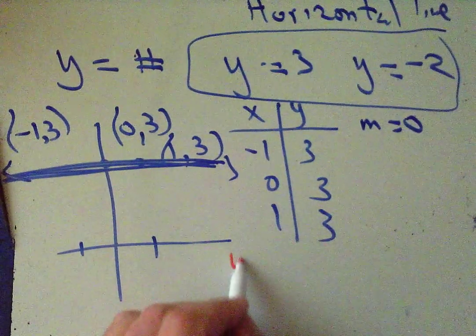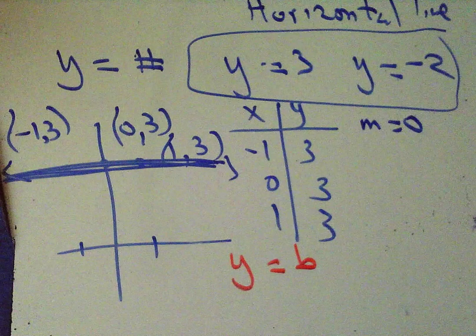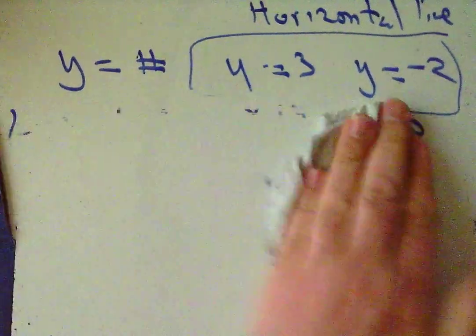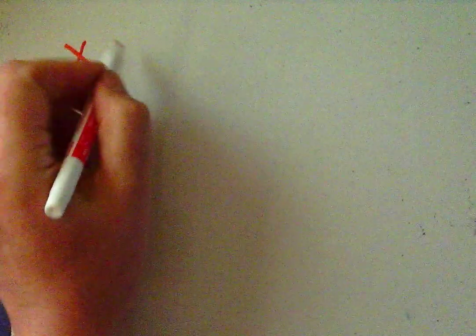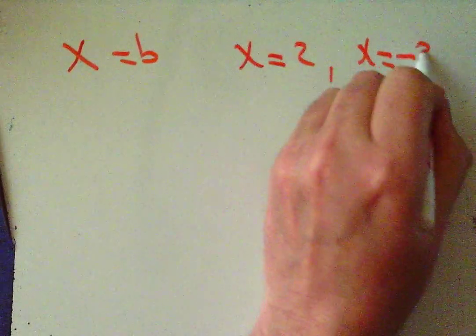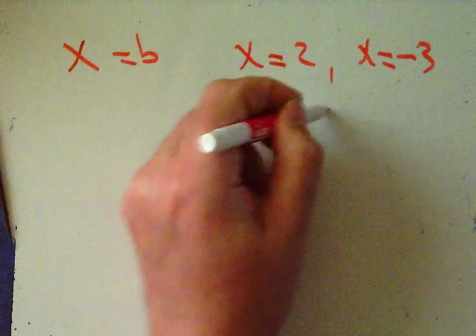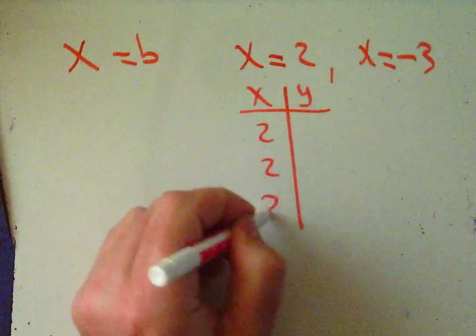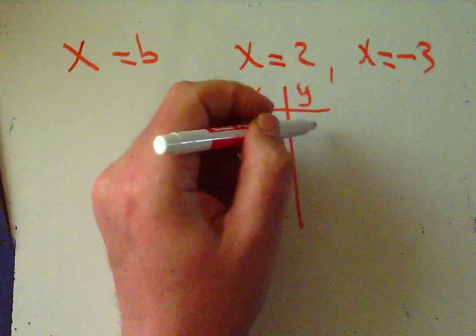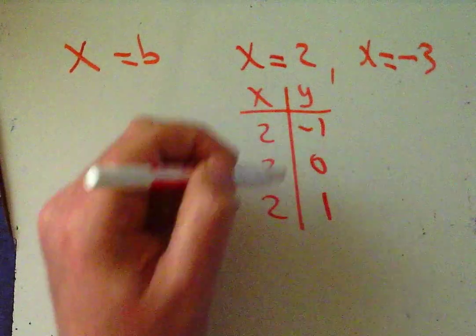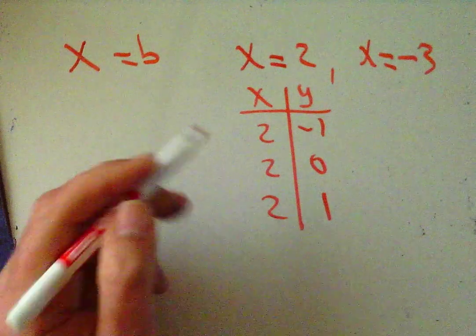Sometimes you'll see that written in this manner, y equals b, where b is any number. Well, what if instead of y equals a number, we've got x equals a number, like x equals 2 or x equals negative 3? When I make this t-chart, no matter what y value I think about, the x value is always saying 2, 2, 2.